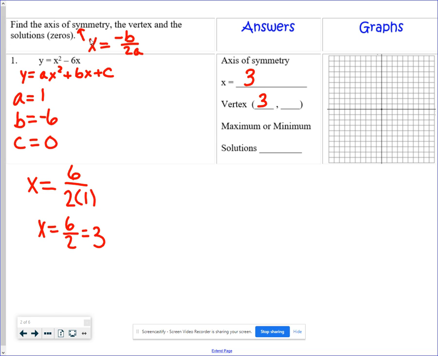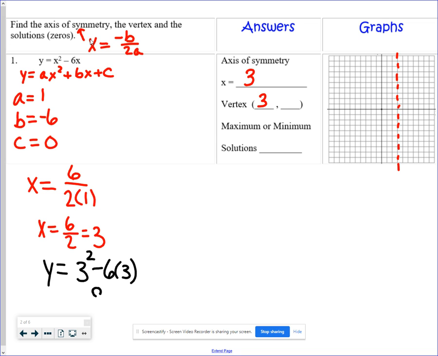You could even start by drawing in that axis of symmetry. I know my vertex has to be on that line. So I would next find out what the y would be. If the x is 3, the y is going to be 3 squared minus 6 times 3.